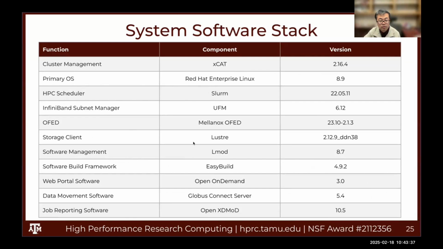Our storage is Lustre, and we also use Lmod to manage the software on our cluster. We use EasyBuild for building software. For the web portal, as I said, we use the Open OnDemand portal. We also use Globus for transferring data.